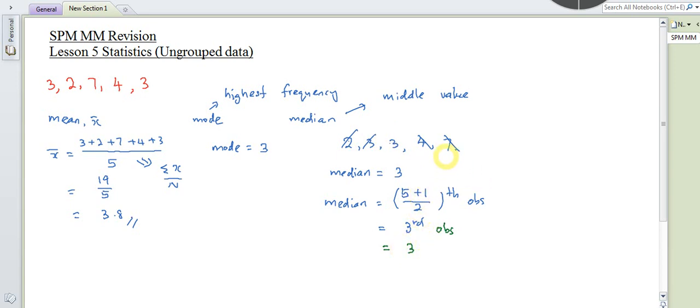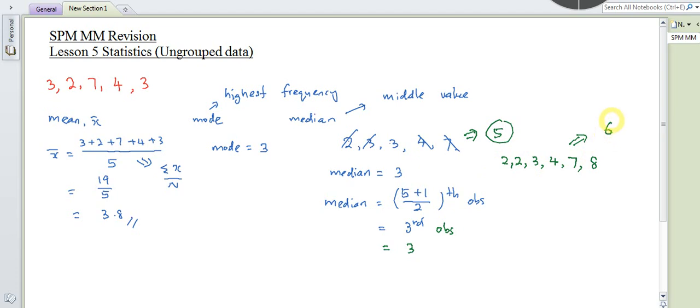If the number of data here, 1, 2, 3, 4, 5, is 5, it's an odd number. We have only one middle value. If I change this data a little bit and add one more number, 2, 2, 3, 4, 7, 8, now the total data is 1, 2, 3, 4, 5, 6.